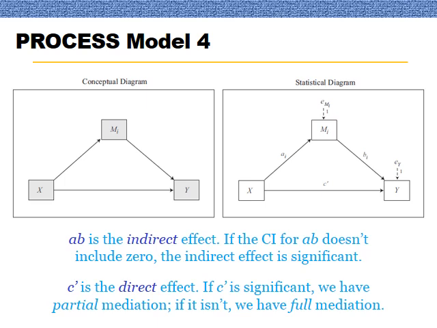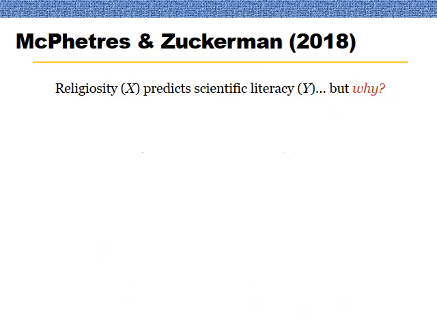The indirect effect is the proportion of the total effect that is explained by the mediator, and the direct effect is the remaining proportion of the total effect, which is not explained by the mediator. In other words, we're trying to figure out whether the mediator explains the relationship between x and y, and then also whether it explains all of that relationship or only part of that relationship. Let's look at our first example.